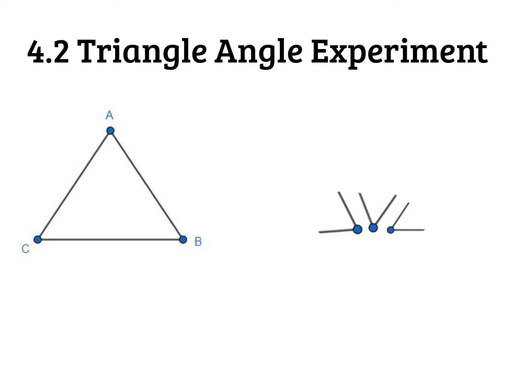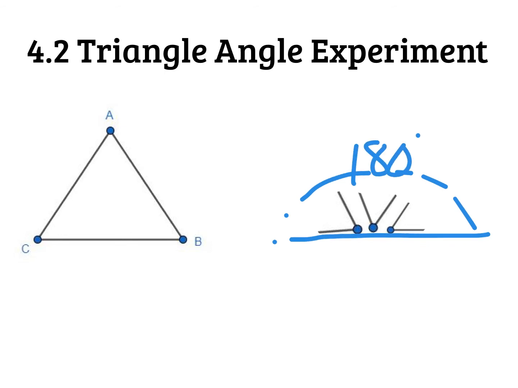Now, when you put them together and you have the sides touching each other, you should see that together these three angles form a perfectly straight line here at the bottom. What that should tell you is that if the angles combined form a line, then they should measure 180 degrees.